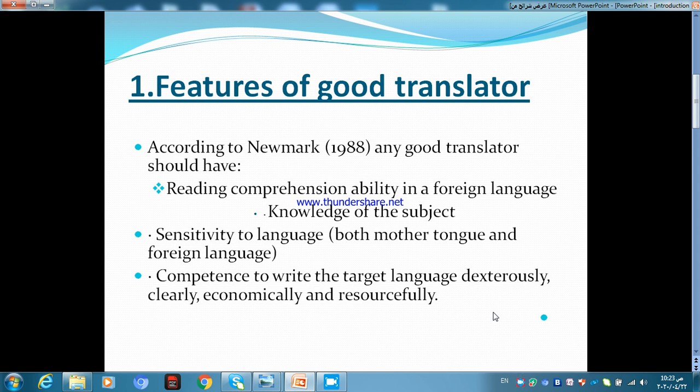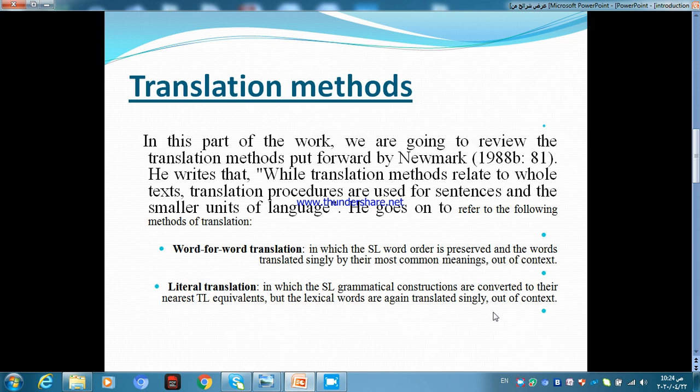And you must have the competence to write the target language in a clear manner and economically. Once you have the ability to translate any language, you must be able to write that language in a proper way.